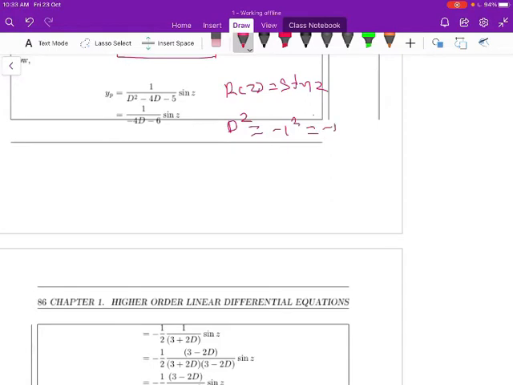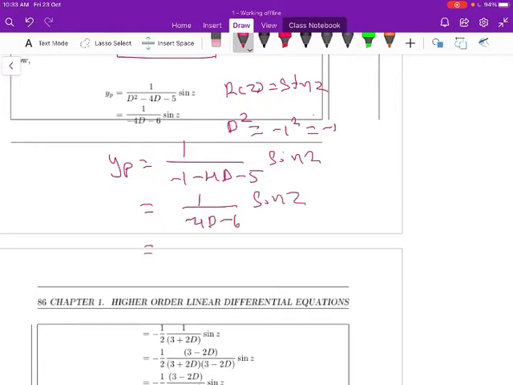It means minus 1. Wherever d square, just put minus 1. Yp is equal to, you know that. So 1 by d square is equal to minus 1 minus 4d minus 5 into sin z. So this is equal to 1 by minus 4d minus 6 into sin z.